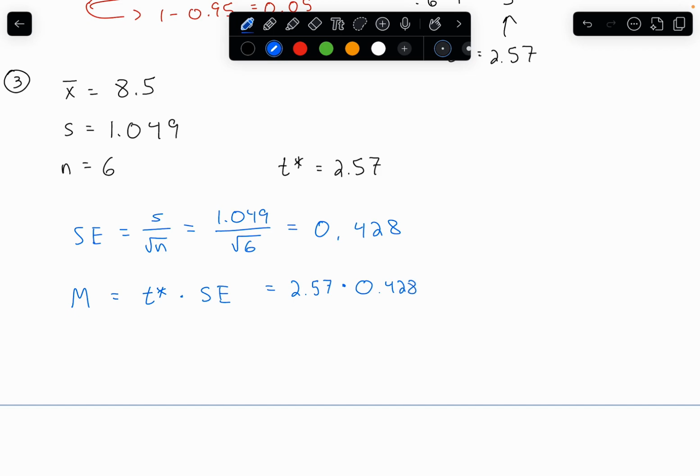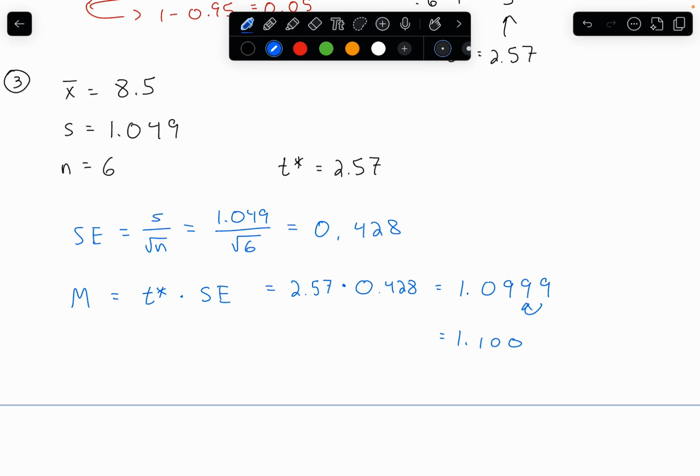Grabbing my calculator, 2.57 times 0.428 gives me 1.0999. If I round that to 3 decimal places, that 9 makes this go up, so that would be the same as 1.100. So just 1.1 in this case.